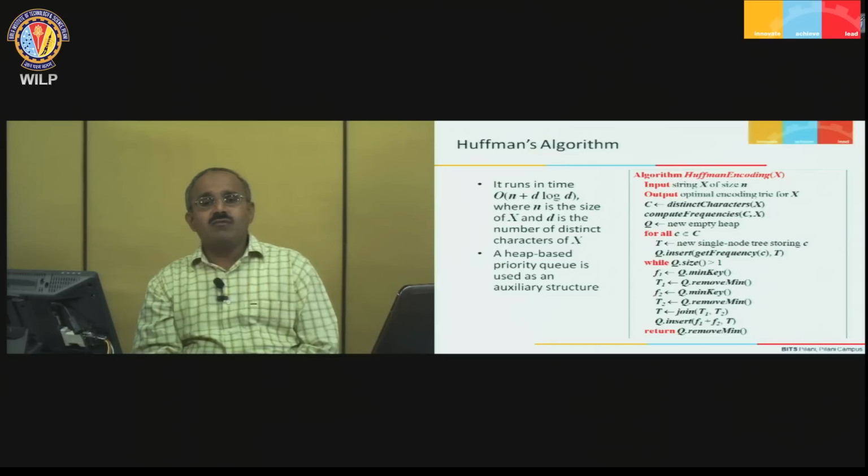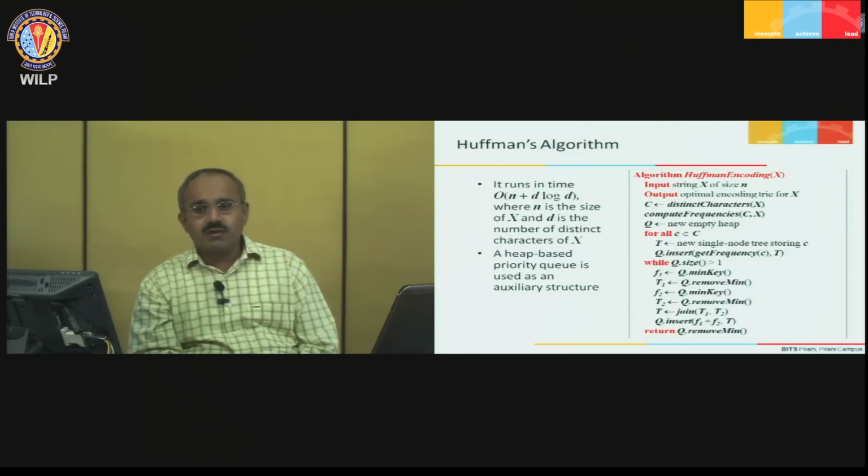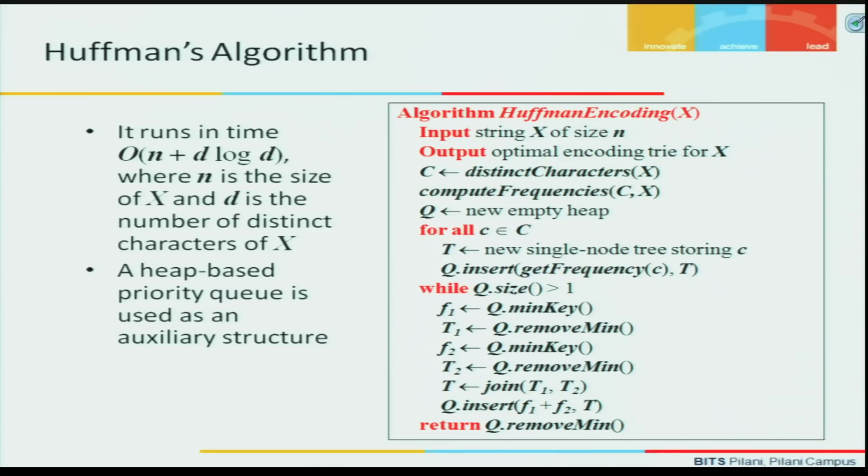So, we have a pseudo code for Huffman algorithm. In this algorithm, this is the function which computes the frequency for each c in C. Initially, your priority queue is going to be empty. We are going to insert elements in the queue based on their frequencies.